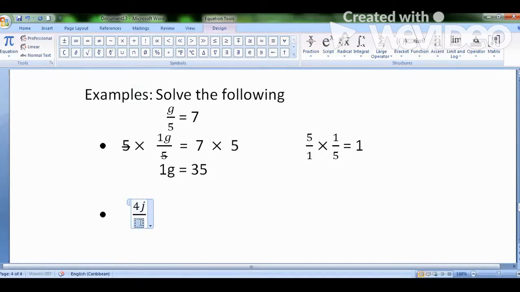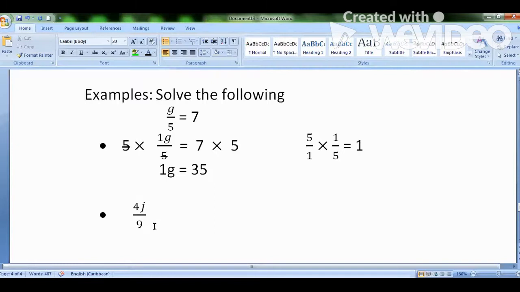For J over 9 is equal to 4, try it for me.